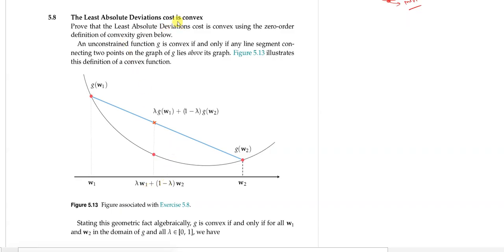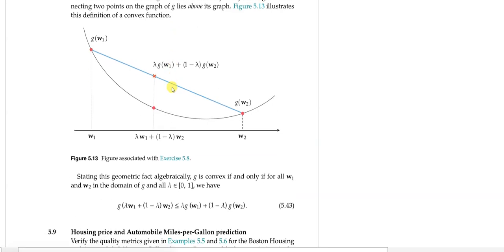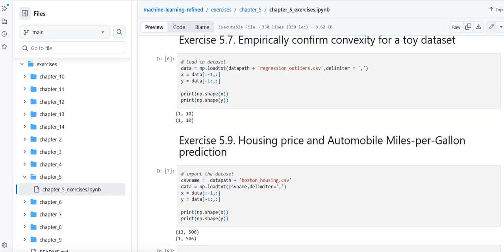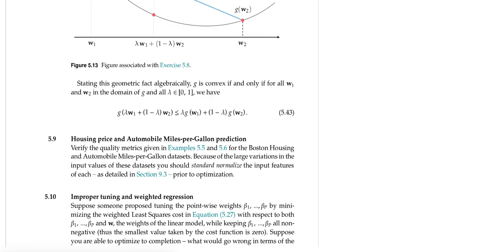The least absolute deviation cost is convex, and prove that, 5.8. It is simply the derivation of that one. 5.8, that is not given. 5.9.